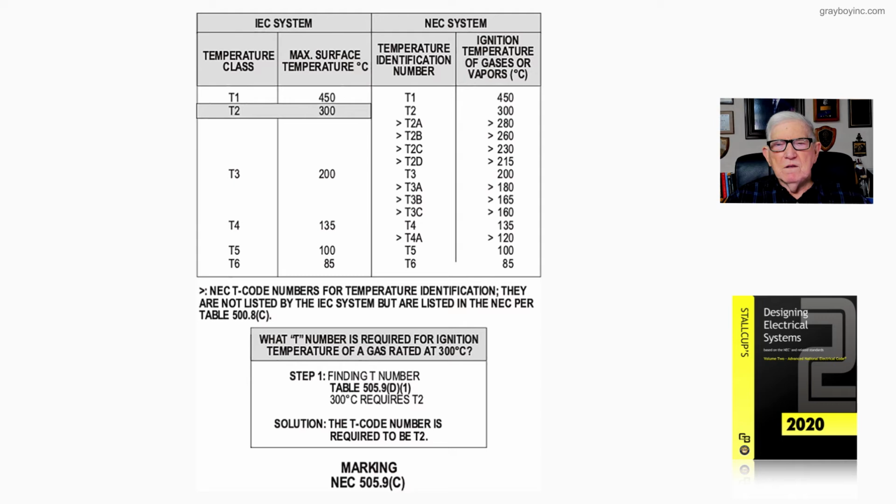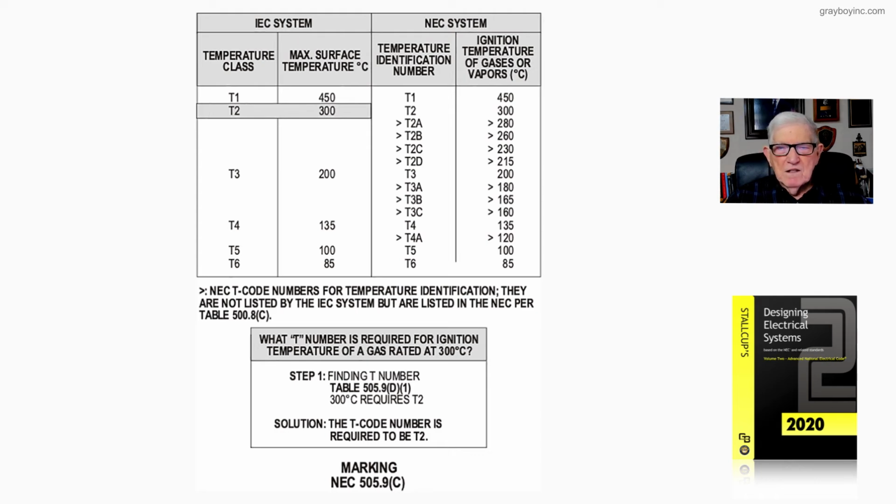And that's what this is kind of illustrating to you here, is your T-code letters are used differently with the listing and labeling and marking of them than you'd have in the NEC system.